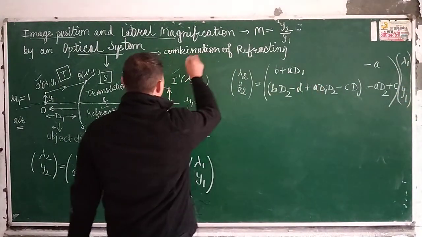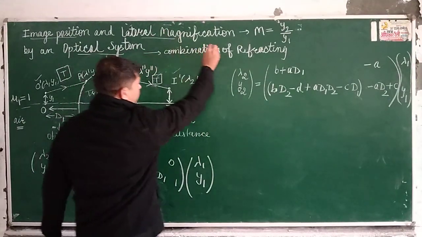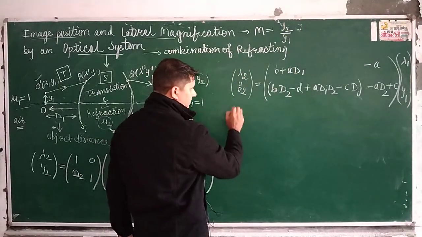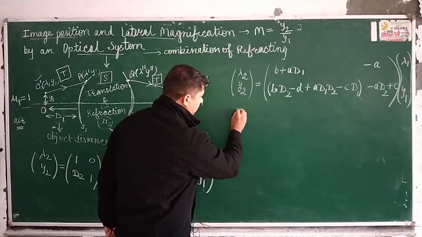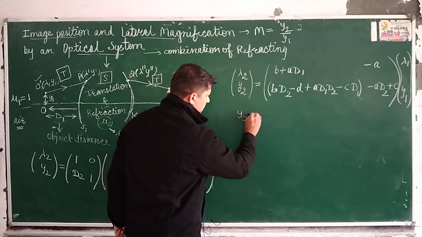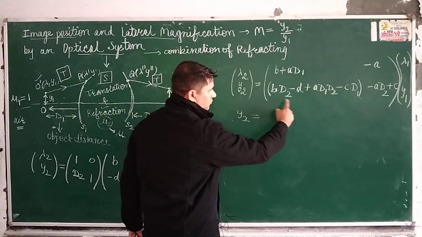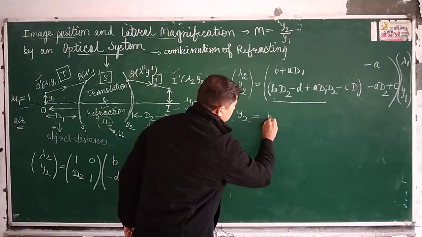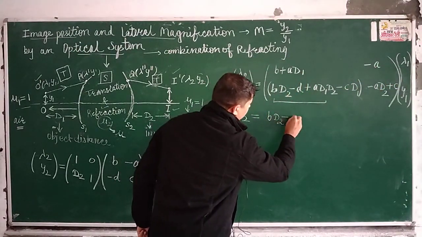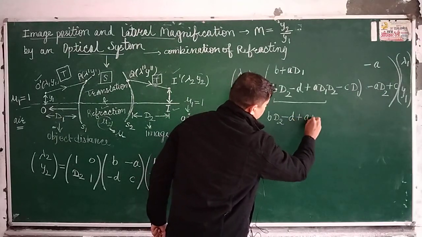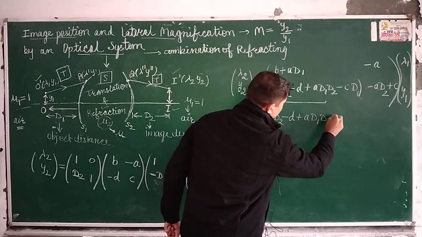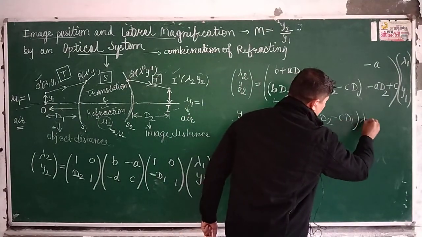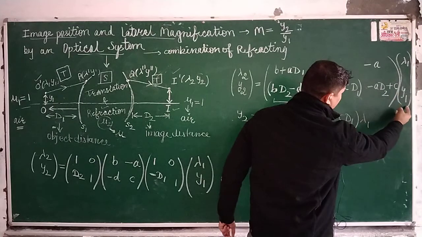Now we are to find the magnification, lateral magnification, which is given by y2 by y1. Okay, so for this we will multiply this, and y2 will be equal to this element into lambda 1, that is B d2 minus D plus A d1 into d2 minus C d1, divided into lambda 1, and then this into y1.